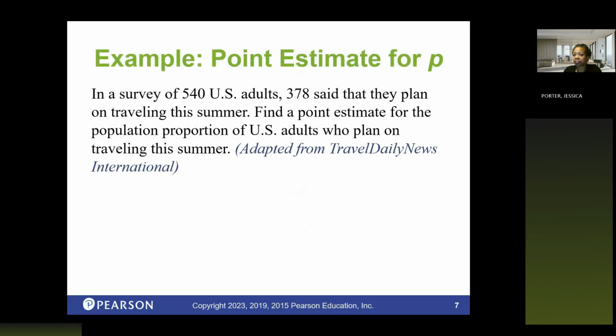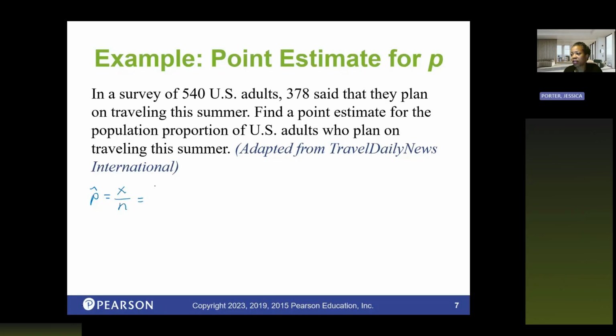In a survey of 540 US adults, 378 say that they plan on traveling this summer. Find a point estimate for the population proportion of US adults who plan on traveling this summer. Well, let's look at our formula: a point estimate of x over n.